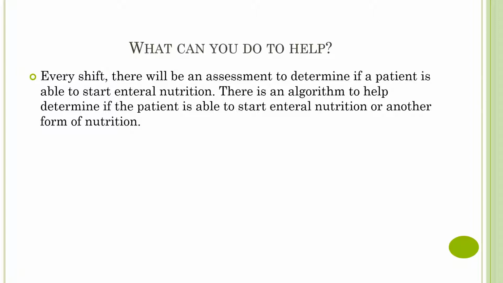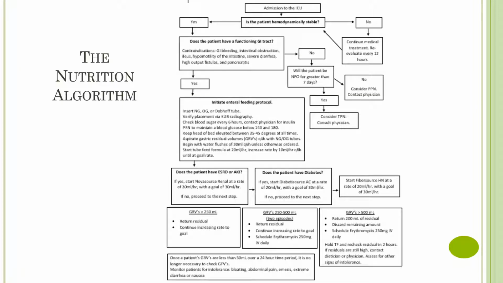What is it that you can do to help? Every shift there will be an assessment to determine if a patient is able to start enteral nutrition. There is an algorithm to help determine if the patient is able to start enteral or other forms of nutrition. Here is the nutrition algorithm that we have developed.